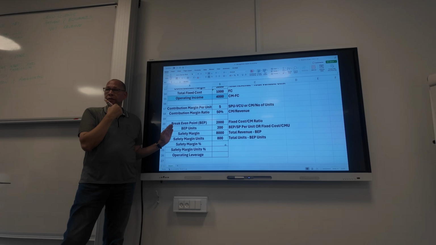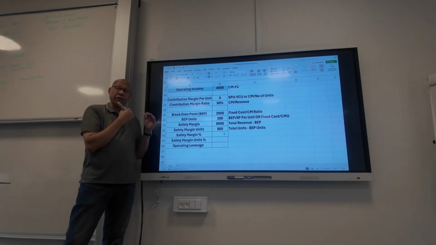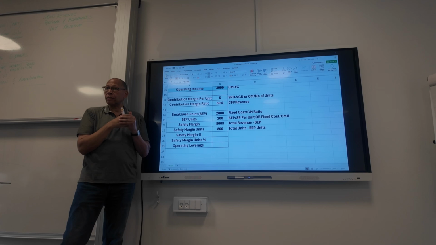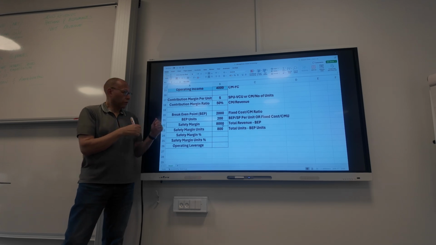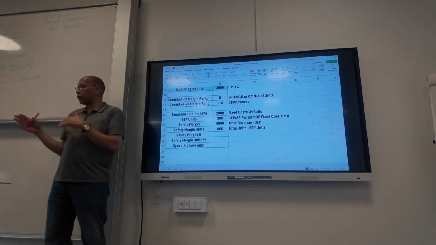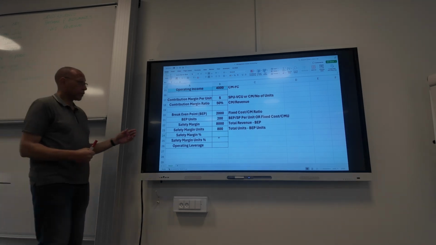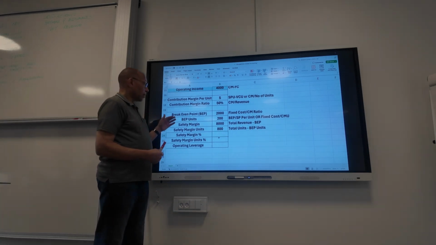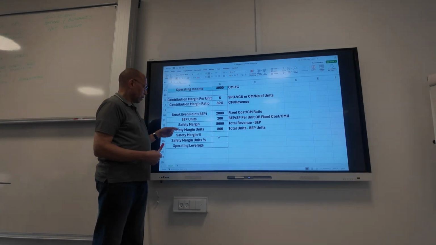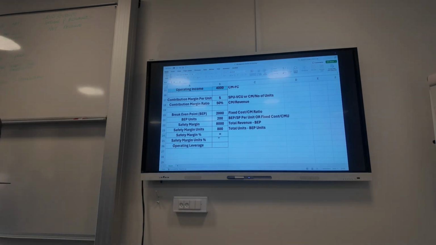Everybody here? We understand then what break even is and what safety margin is. Safety margin is our wiggle room against what we're planning to do. So our safety margin percentage is the safety margin divided by the plan.